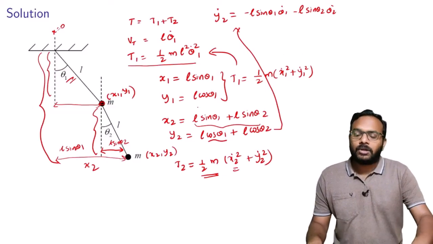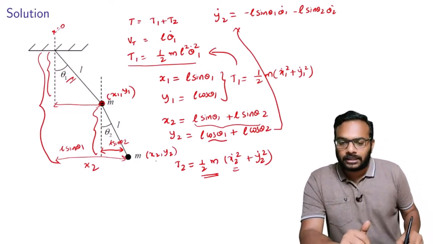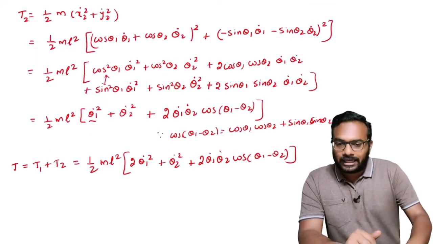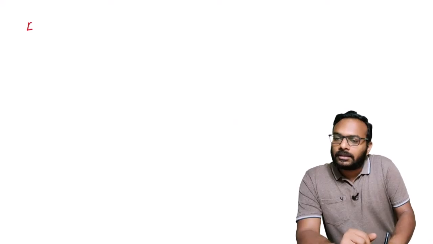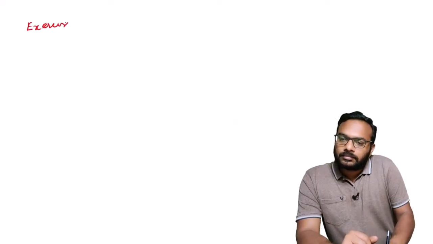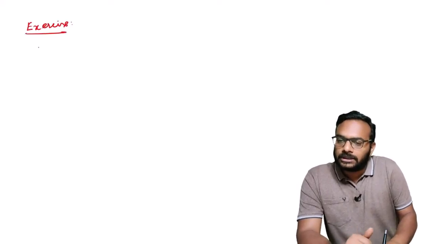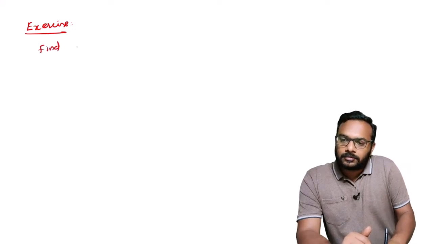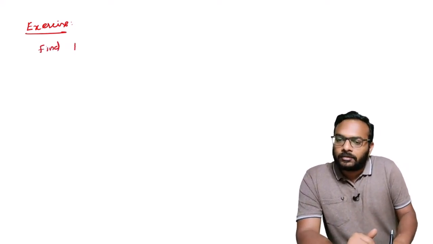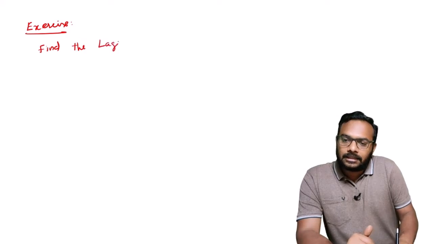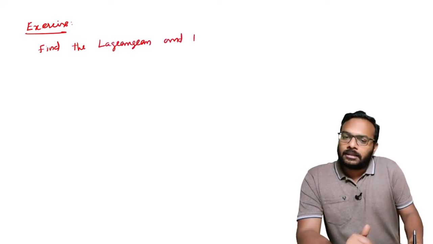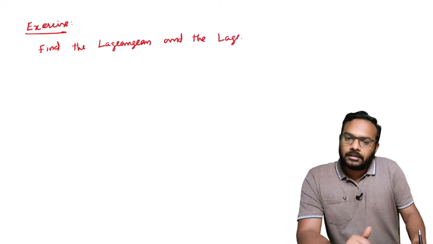Okay, so we have only found the kinetic energy here. All right, and as an exercise, as a practice, you can do this. That's a homework. Find the Lagrangian and the Lagrange's equation of motion.